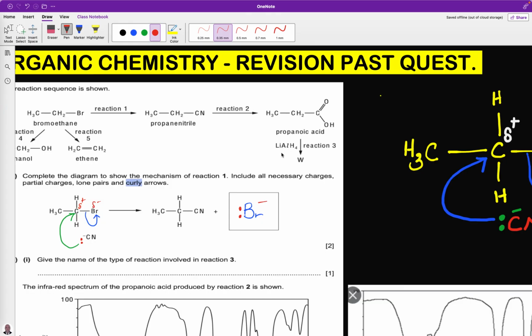Lithium tetrahydroaluminate or sodium tetrahydroborate. These are reducing agents. They use this for reduction reaction.